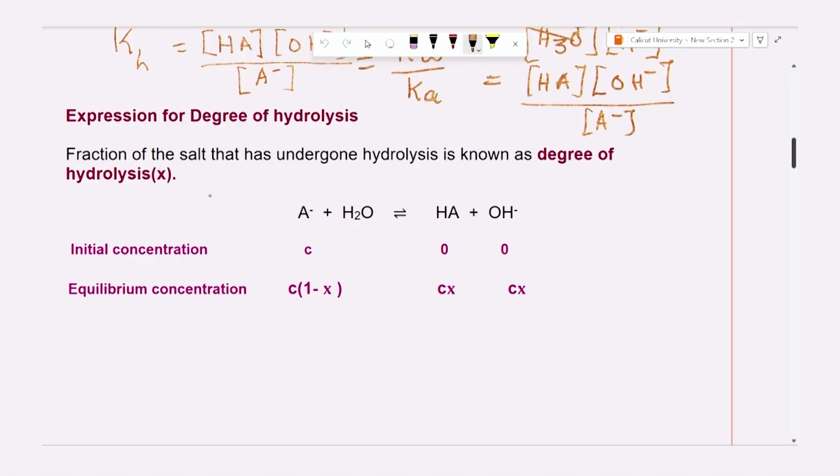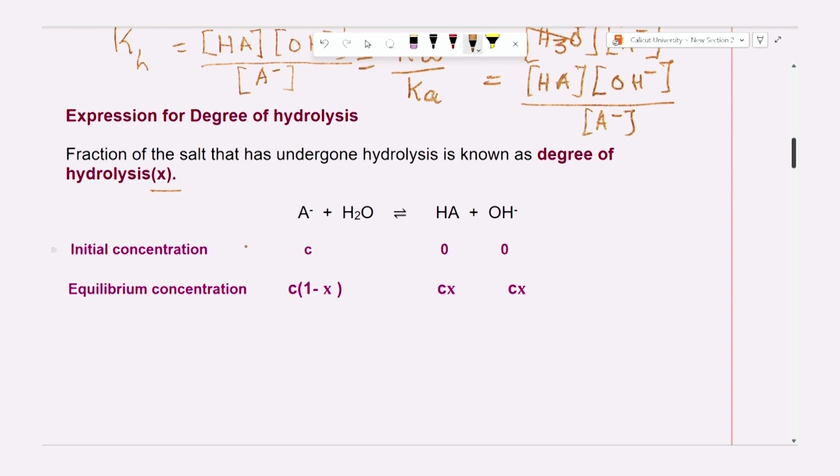Just like degree of dissociation is the fraction of the salt which has undergone dissociation, and degree of ionization is the fraction which has undergone ionization. This degree of hydrolysis is usually represented by the small letter x. Alpha is given for degree of ionization or dissociation, and x is used for degree of hydrolysis.